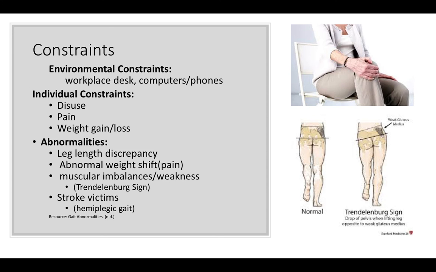We have individual constraints such as disuse, such as lack of exercise, or again working too long hours and not getting up and using muscles. We could see pain, lower back pain, knee, hip pain, even early signs of arthritis, or osteoarthritis or osteoporosis.